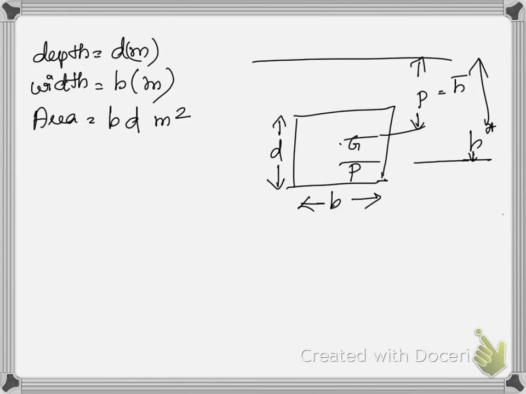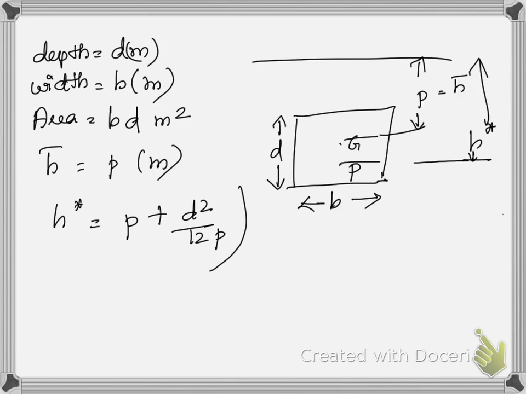And they have given that depth of center of gravity from the free surface H bar will be p meter. They have asked us to prove that depth of pressure, which is H star, is equal to p plus d squared by 12p. So this is what we have to prove.